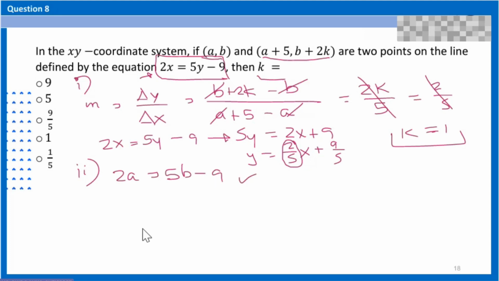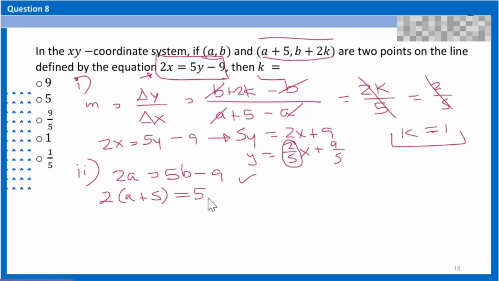This equality must be true. Same goes for the coordinates of the second point. So if you substitute a plus 5 where x appears, 2(a plus 5) must equal 5 times (b plus 2k) minus 9. This is also a true equality because these 2 points are supposed to belong to the line.